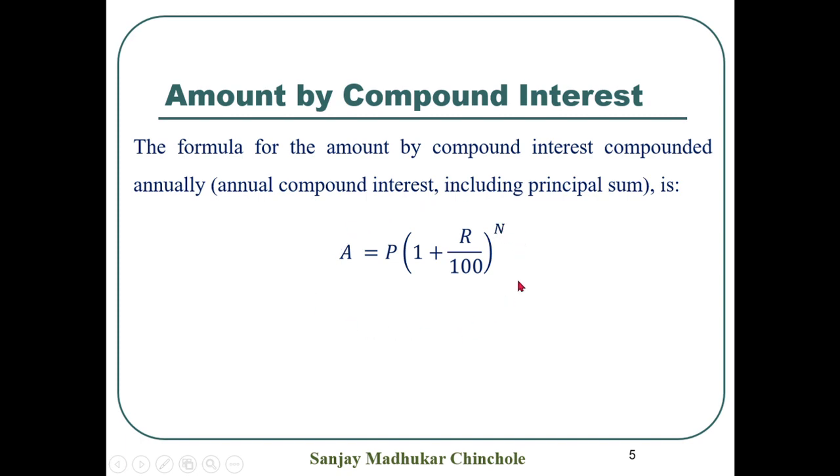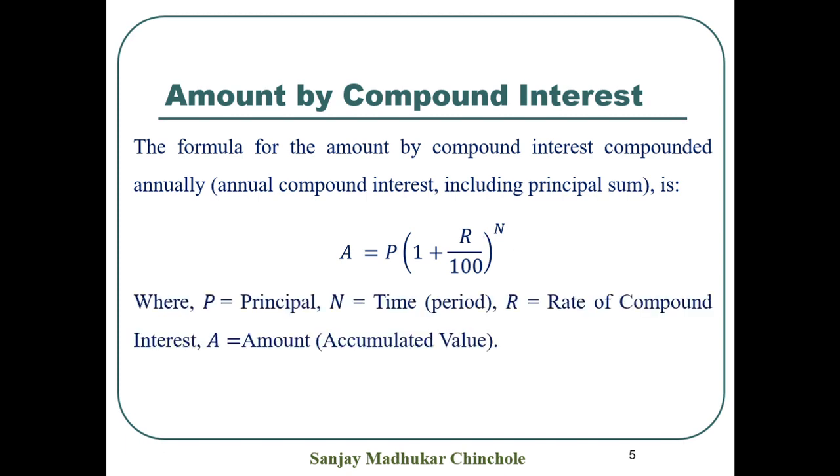This formula is applied only when the compound interest is compounded annually, where P is a principal amount which is borrowed by a person. N is the time or period, or you can say it is the number of years.